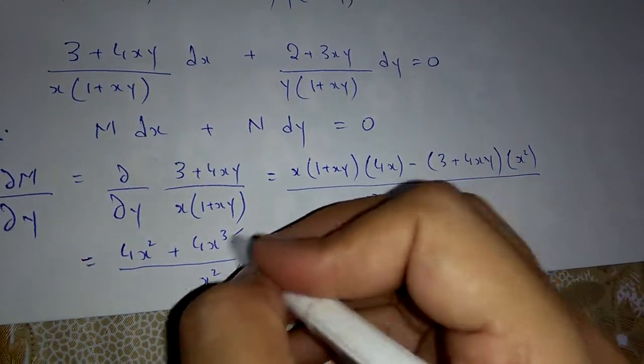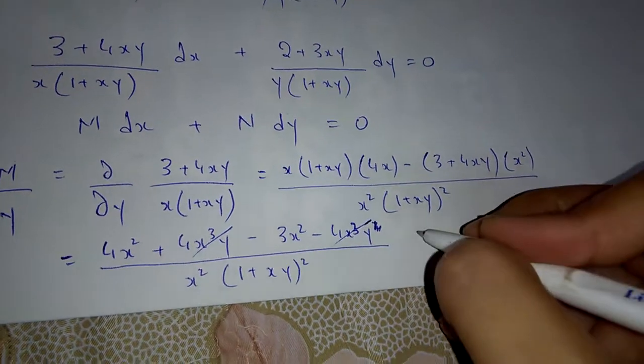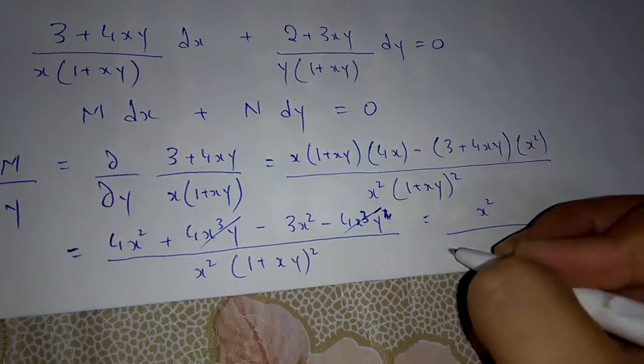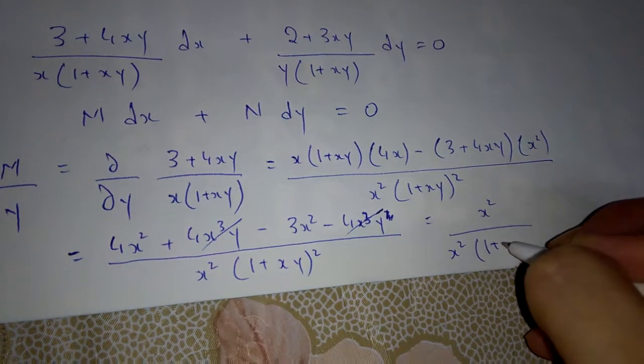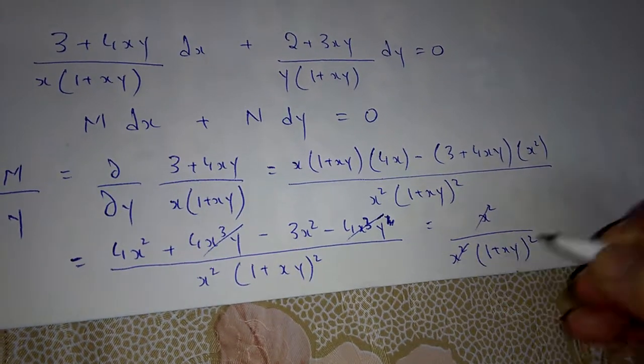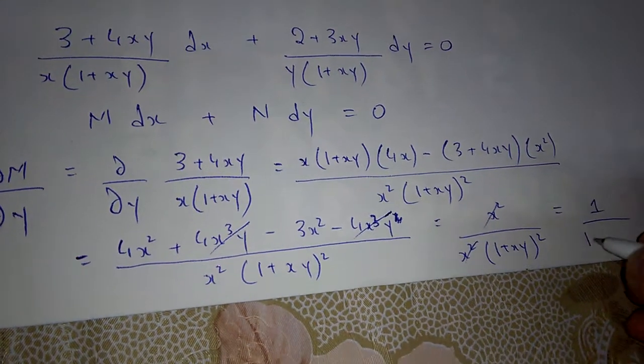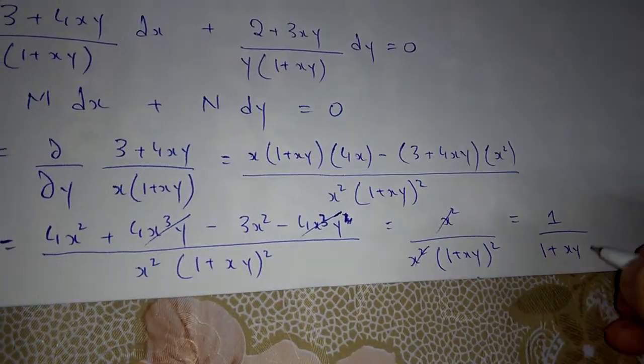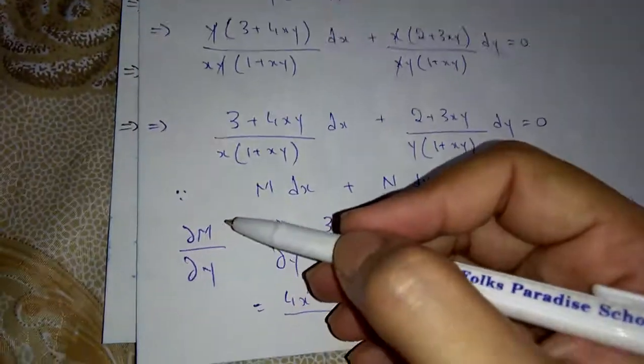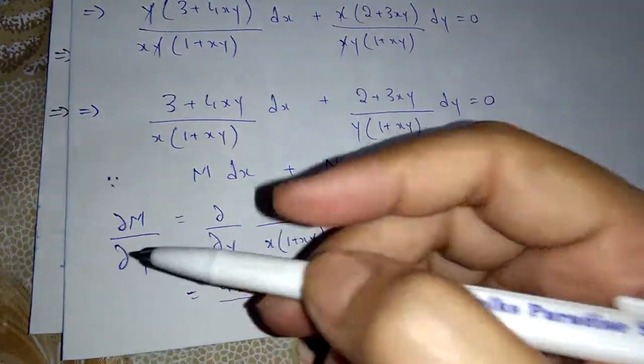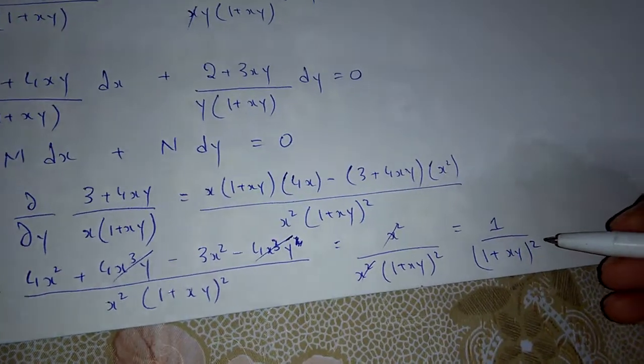So this thing and this thing get cancelled. What is left is x squared upon x squared times (1 plus xy) whole squared. This thing gets cancelled, and the partial derivative of M with respect to y is this.